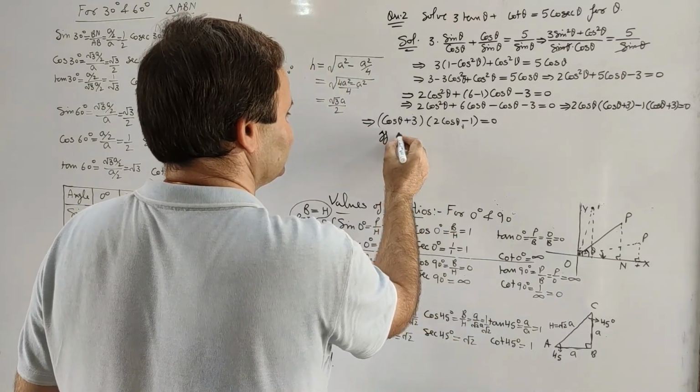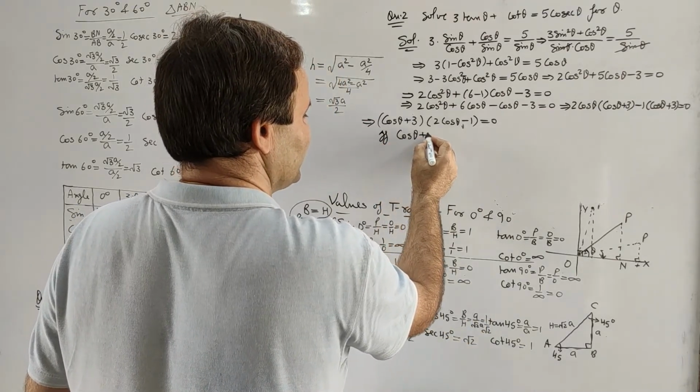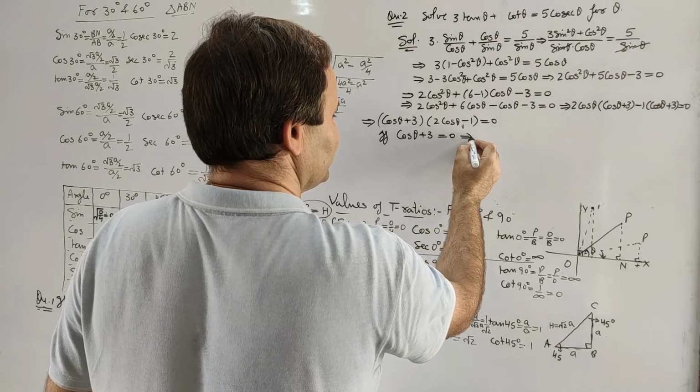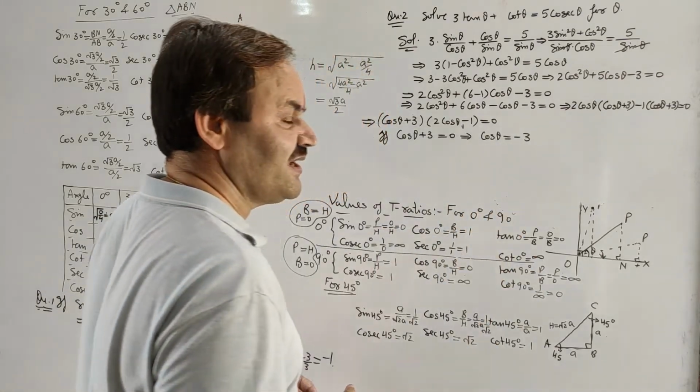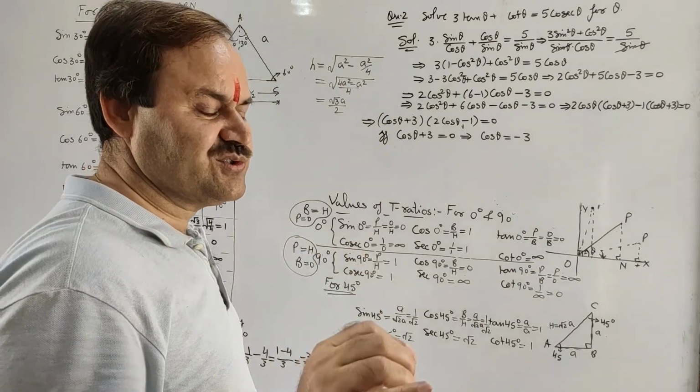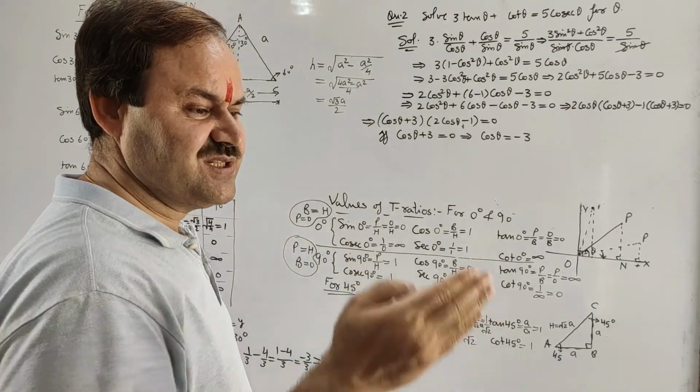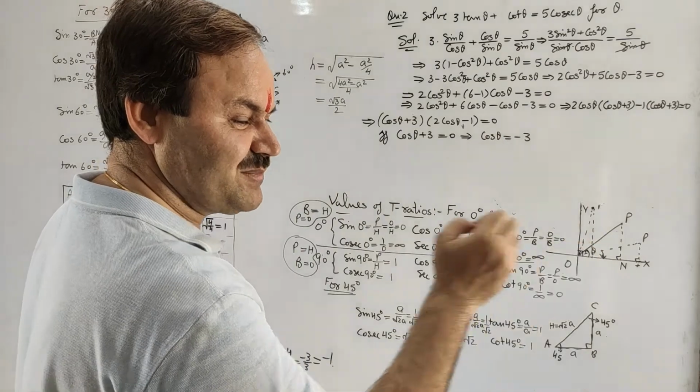If cos theta plus 3 is 0, then this implies cos theta is equal to minus 3, and the value of sin theta and cos theta can change between minus 1 and plus 1 only.